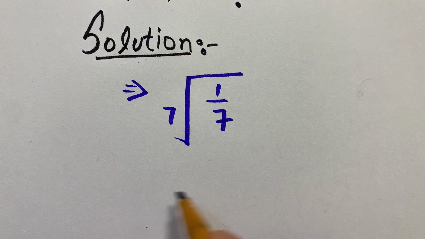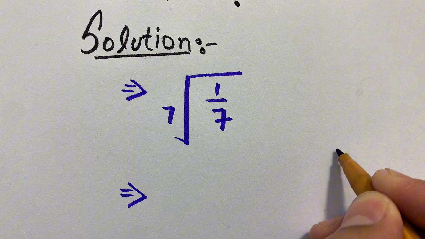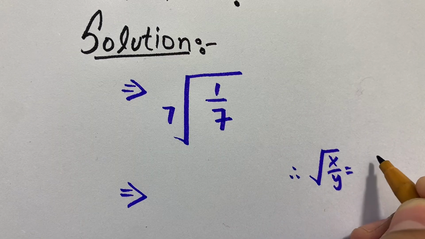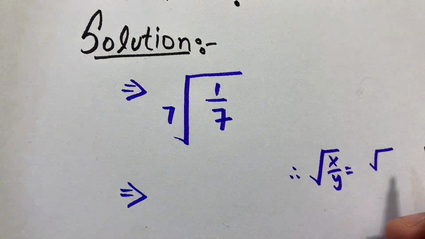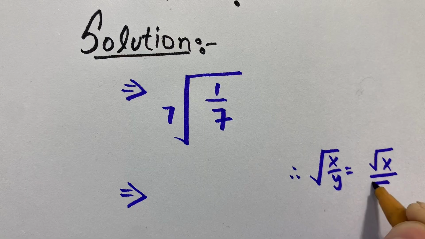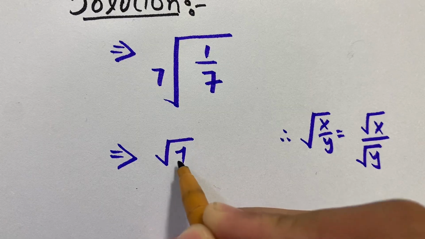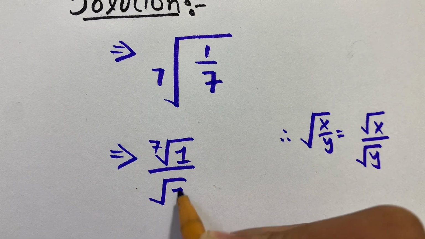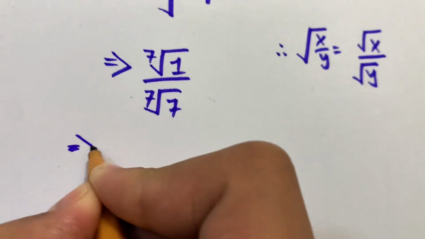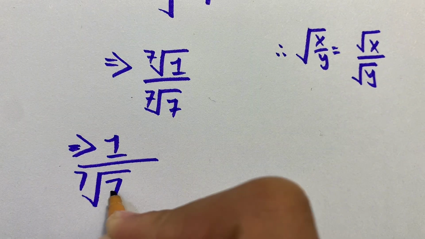Root of xy is equal to root x divided by root y. After applying this formula, root 1 into 7 divided by root 7 into 7. This will be 1 divided by root 7, 7.